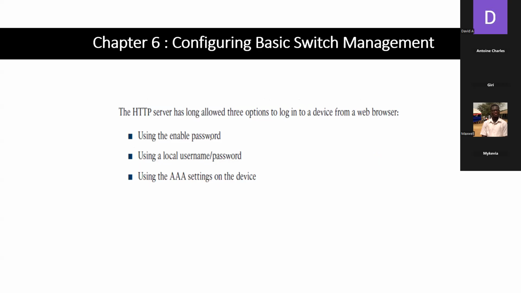The thing with the HTTP server is that it has always allowed three options to log in to a device from a web browser: using an enable password, using a local username and password, and using the AAA settings on the device. You guys are probably thinking, using your enable password just to log in?